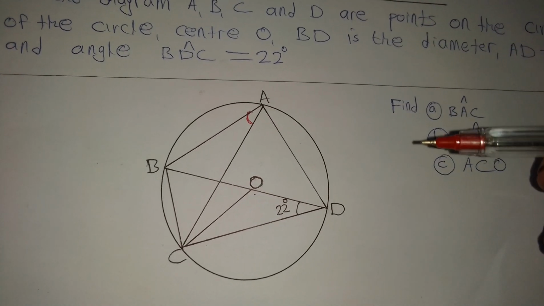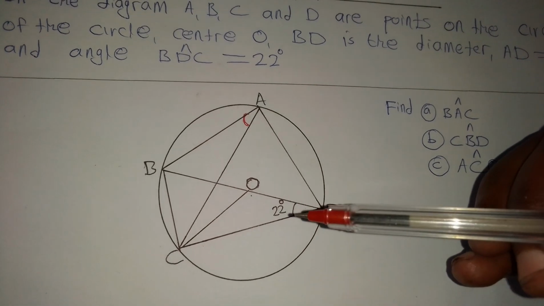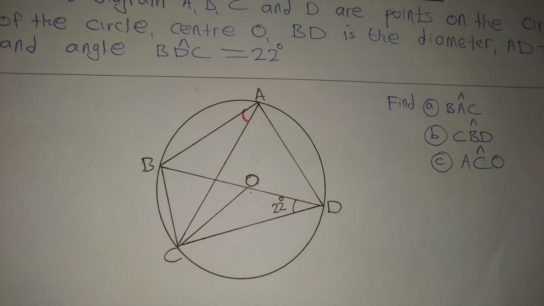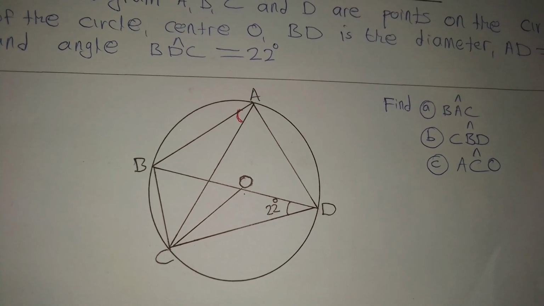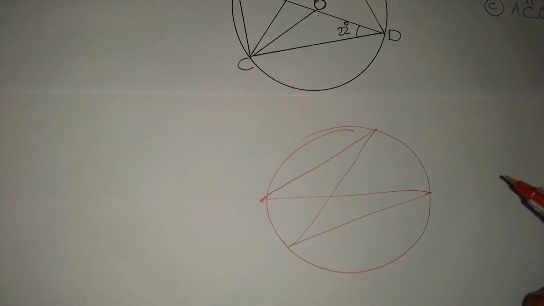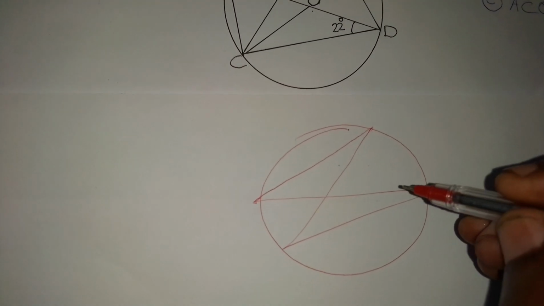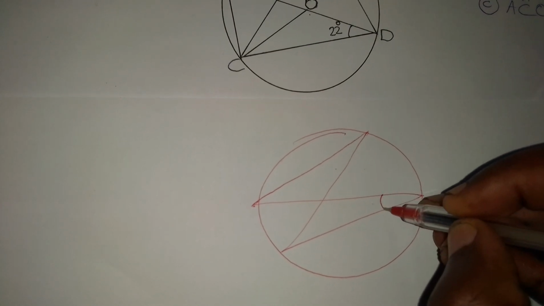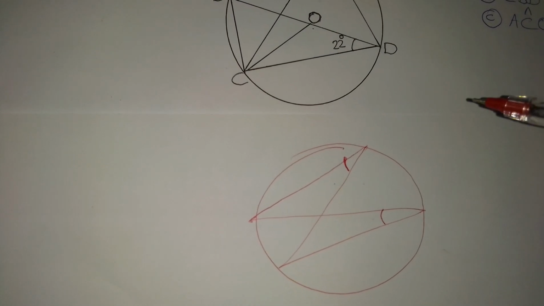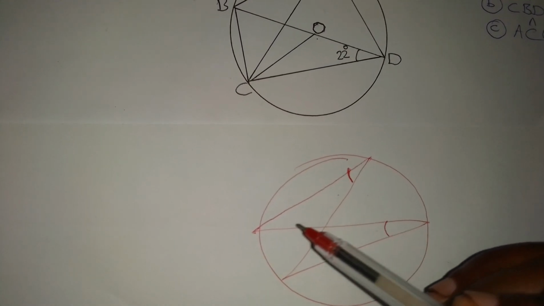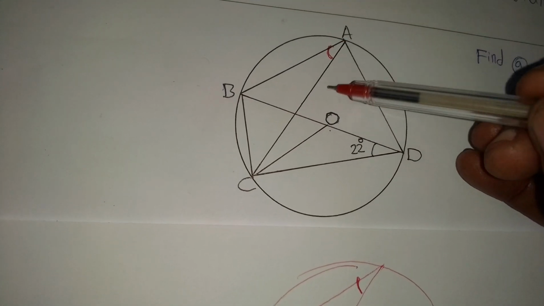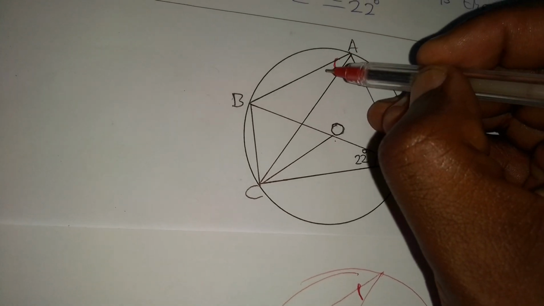Now, when you notice this 22 degrees and where I've put a red ink, they are on the same segment. I'm going to show you something to relate. The angles in the same segment are equal. So this 22 which is here and where I have put a red ink, they are coming from the same segment.